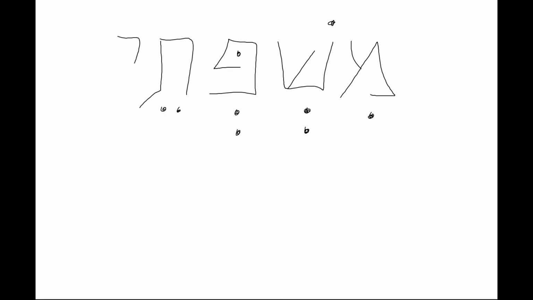The schwa under the pe, right, is vocal because it is preceded by the consonant shin and not a short vowel. The schwa under the shin is silent.